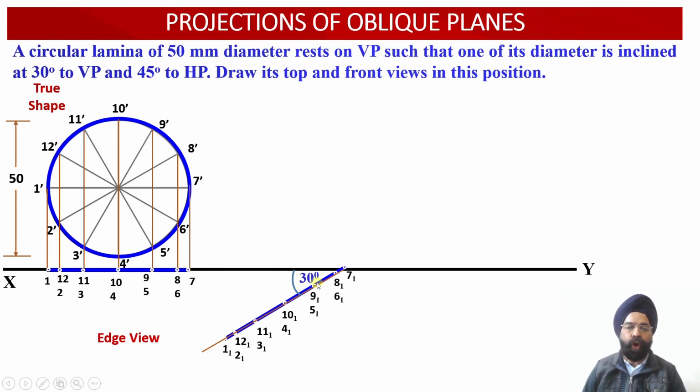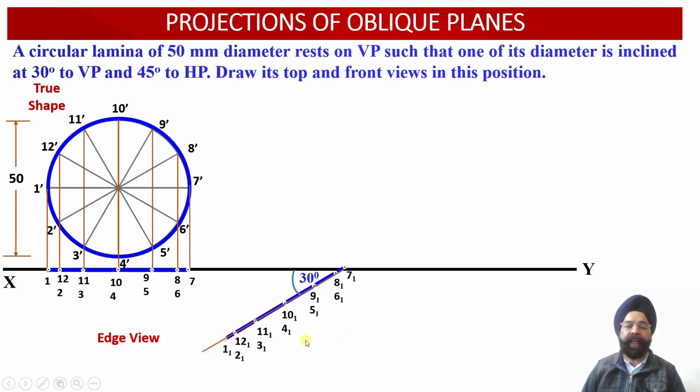So all these points, according to the distances available to us in the top view projection available as an edge view over here, the same distance will be transferred over here into the inclined projection of the edge view of this particular circular lamina.